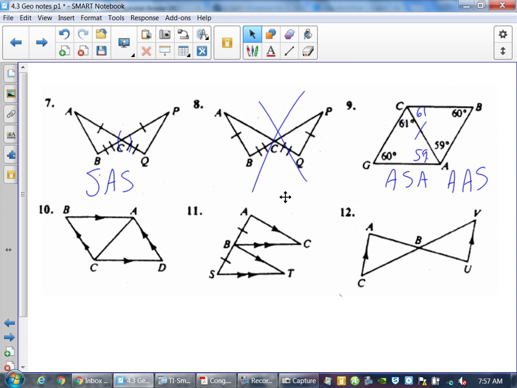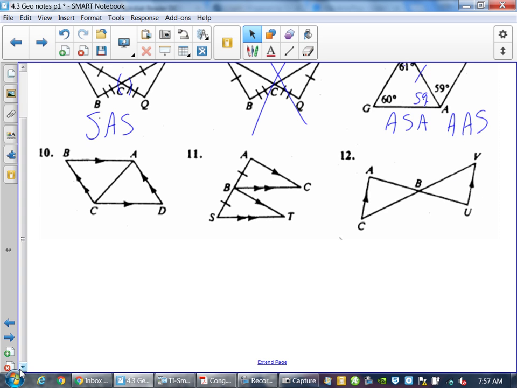Okay? 10, parallel lines. Remember, we did the example of 11 with parallel lines. You have that reflexive there right away. That's easy. When you have parallel lines, think about it in terms of parallel lines cut by a transversal. You get alternate interior angles. You guys okay with that?